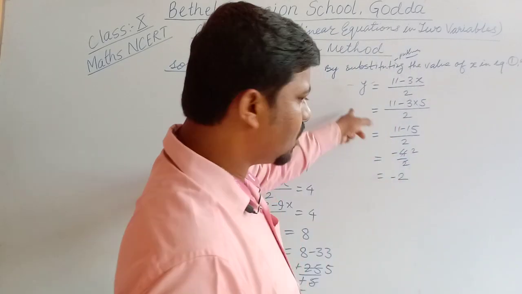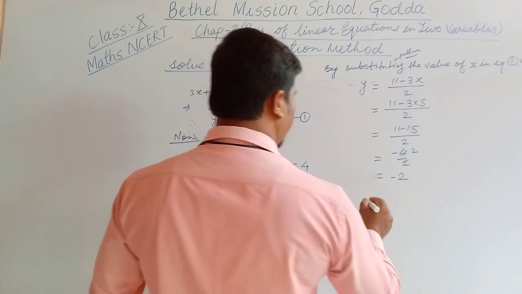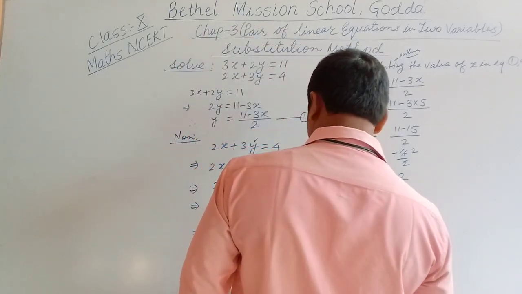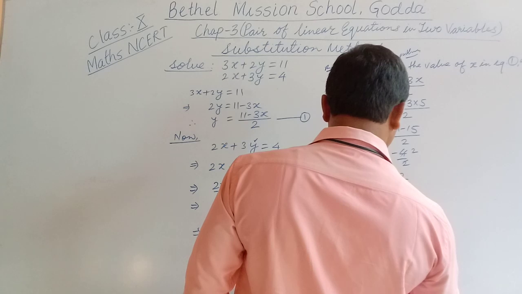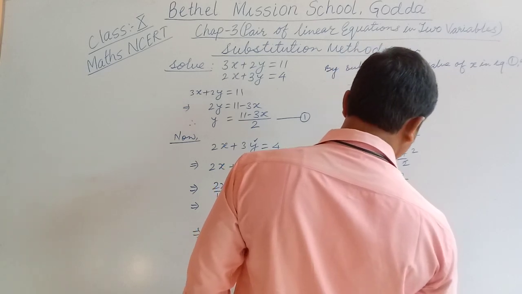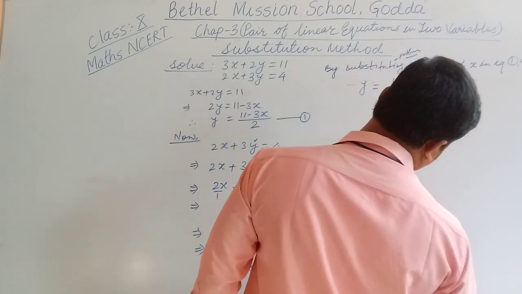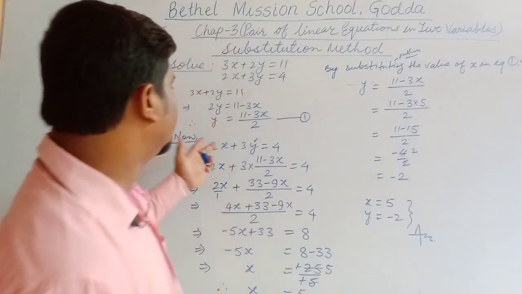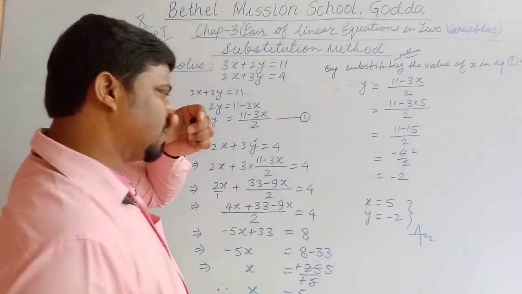So the value of y we got is minus 2, and the value of x we already got is 5, and the value of y is minus 2. So this method is called the substitution method, and by using this method we solved this problem.